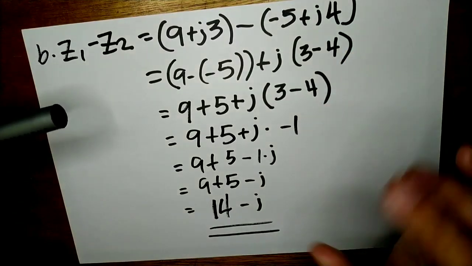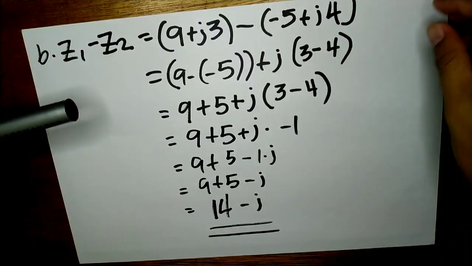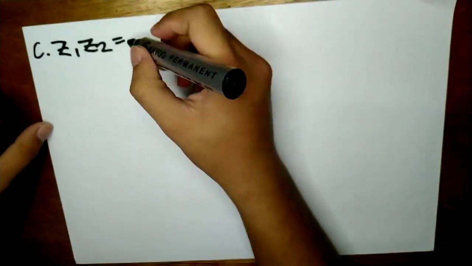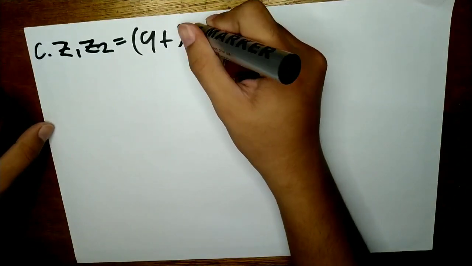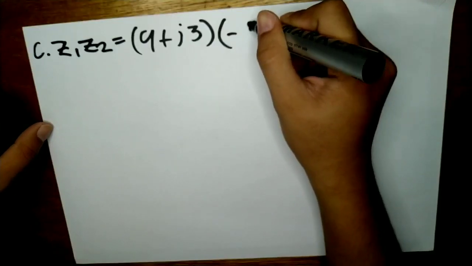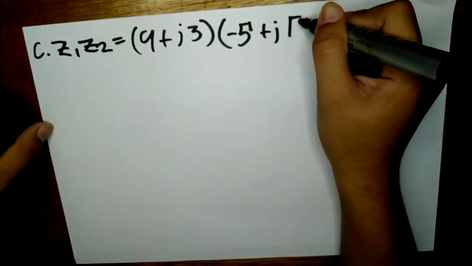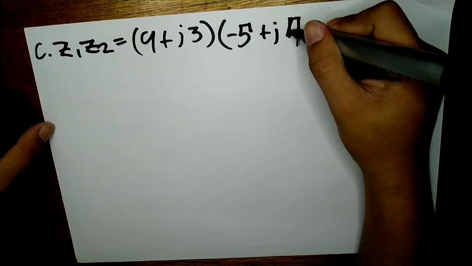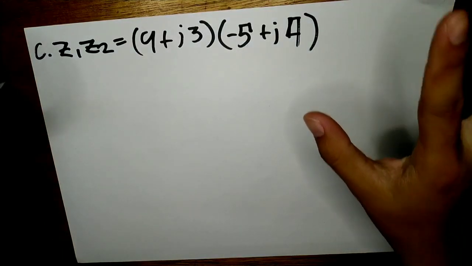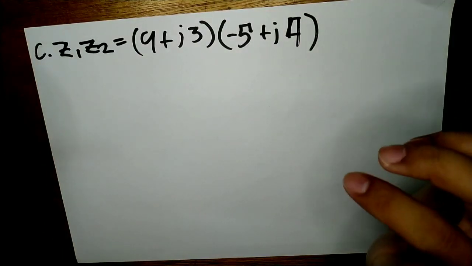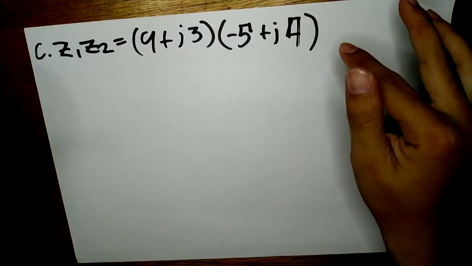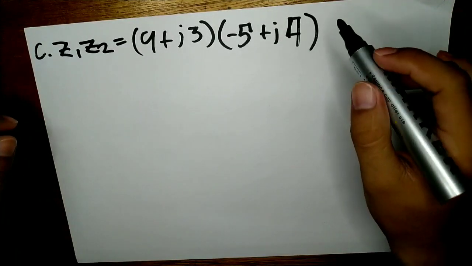So now, let's move for the letter C problem. In the letter C, we need to multiply it. So first, let's write the given. So, of course, by following the formula, we need to separate the real numbers again from the imaginary one. So it would go like this one.